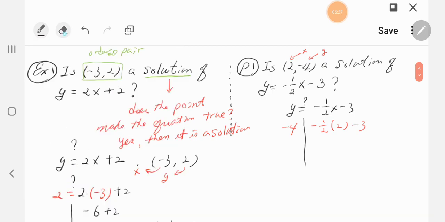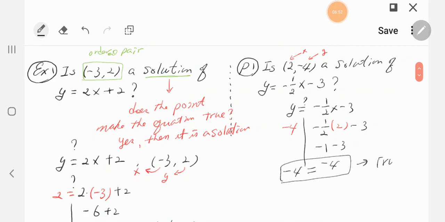Okay, let me erase this one and write it in a black color. So negative 1 over 2 times x value, minus 3. So let's check whether this is correct. On the right side, the 2 cancels out, so negative 1 minus 3 is negative 4. So left and right are equal, right?